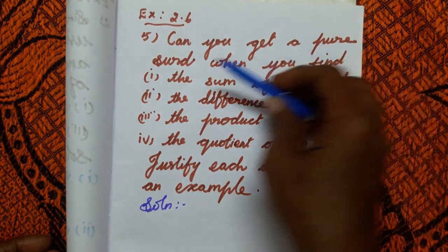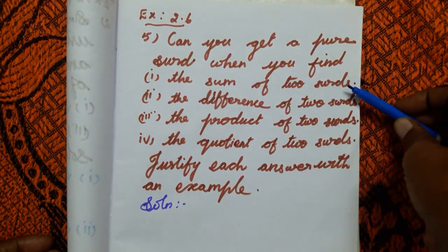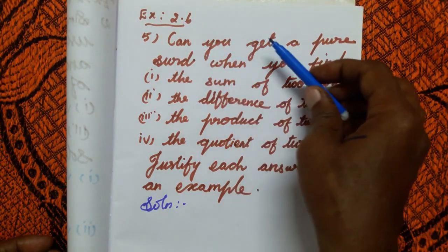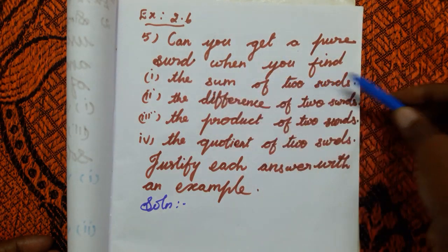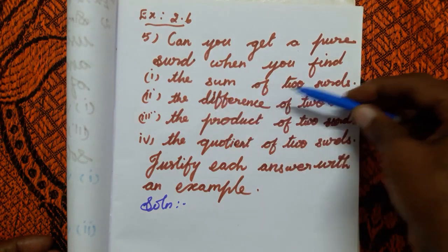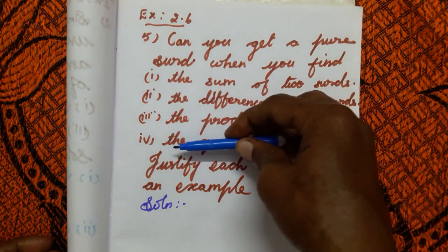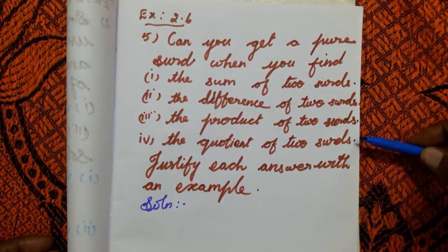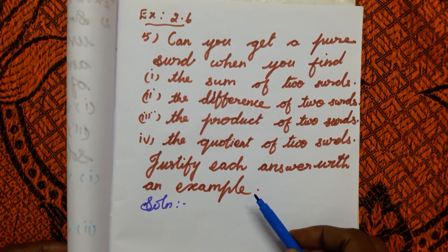Can you get a pure Z when you find the sum of two Z's, the difference of two Z's, the product of two Z's, the quotient of two Z's? Justify each answer with an example.